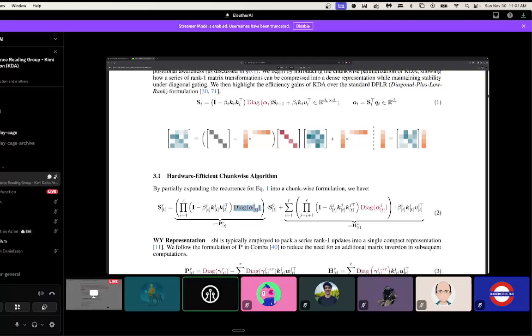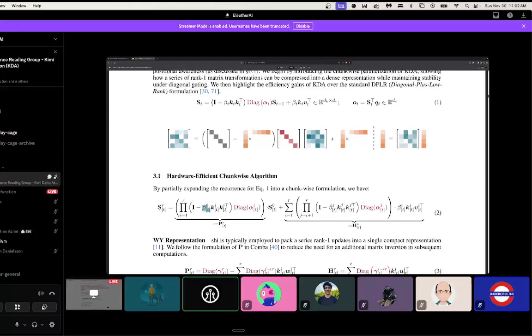So I guess the beta needs to be some learnable value. I think it's highly beneficial for it to be a learnable value because it's basically playing a similar role here as forget gates in RNN. So yeah, I think that's highly desirable.